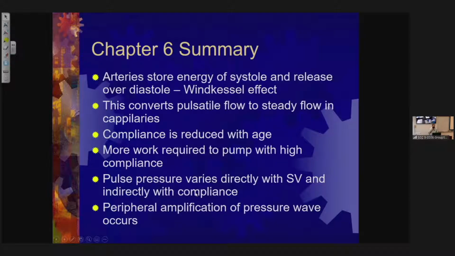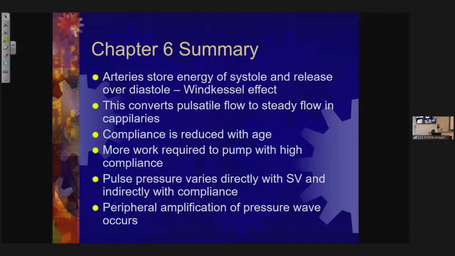That's kind of a dumb question, but does high compliance mean it's able to stretch easier? High compliance is real stretchy. So wouldn't it be less work to pump it? You know, let's see. More work required with high compliance, yeah, that doesn't make sense there, does it? Well, what does it say in your book in the summary?